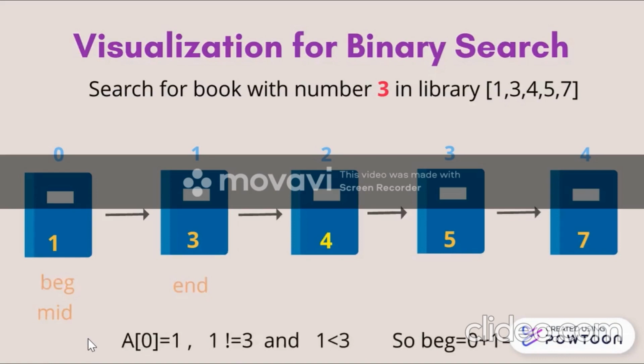Now, since the middle element points to the element at position 0, A of 0 gives us 1, and comparing 1 and 3, we find that 1 is not equal to 3 and 1 is also less than 3. So we update beg as beg is equal to 0 plus 1, which gives us 1.